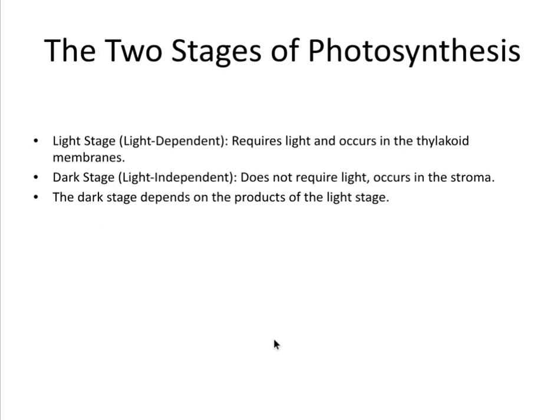The two stages of photosynthesis. Light stage, light dependent, requires light and occurs in the thylakoid membranes. Dark stage, light independent, does not require light, occurs in the stroma.